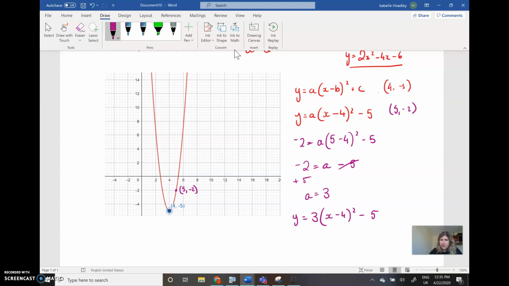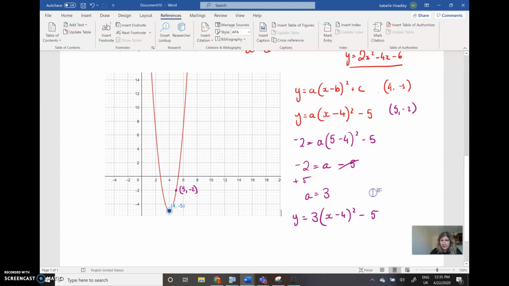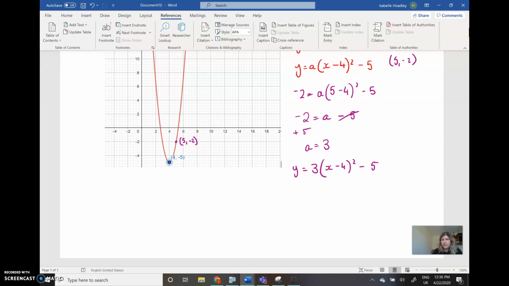Now, the last thing we want to do is write our equation back in expanded form, because that's how we like to have quadratics. So this is 3 times (x - 4) squared minus 5. We're going to expand these brackets, and we get x squared minus 8x plus 16 minus 5.